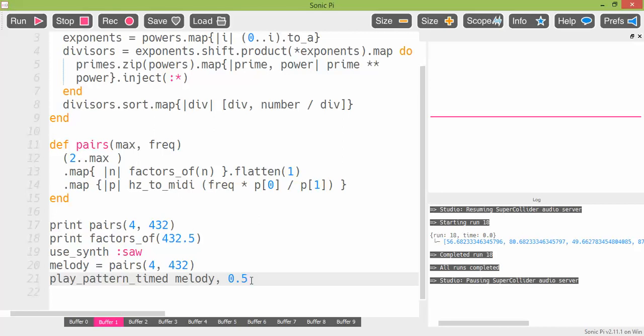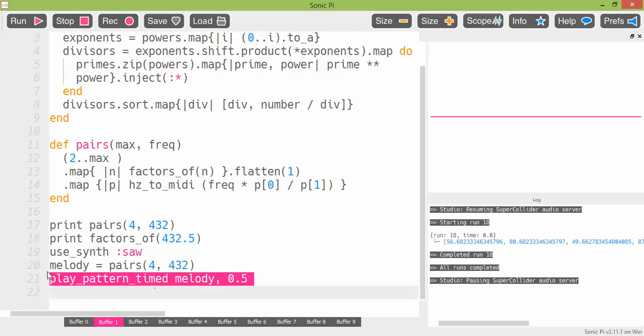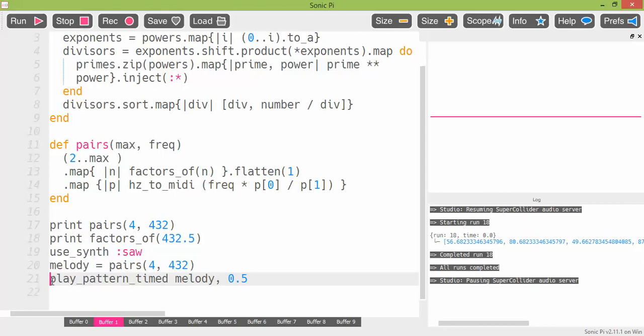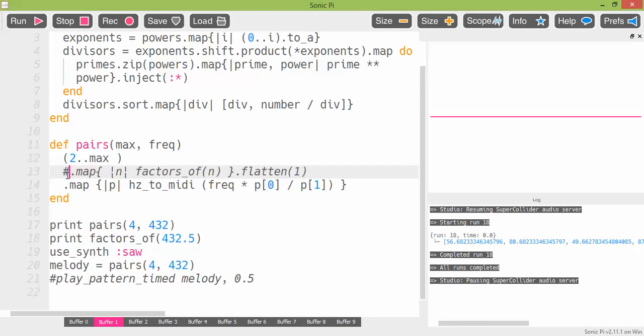So I'm actually going to comment this out so we can do more print statements without making a bunch of ruckus. What I'm going to do is slowly add onto this function.